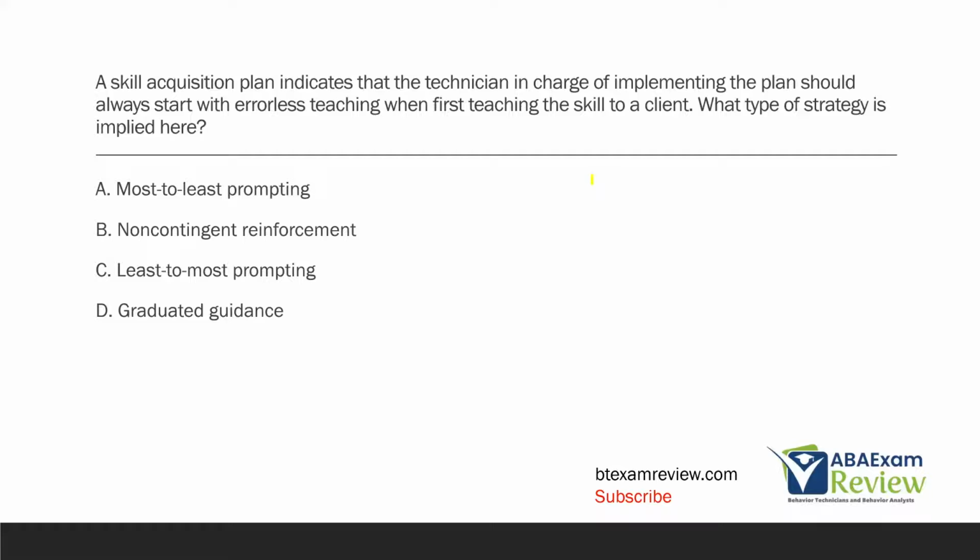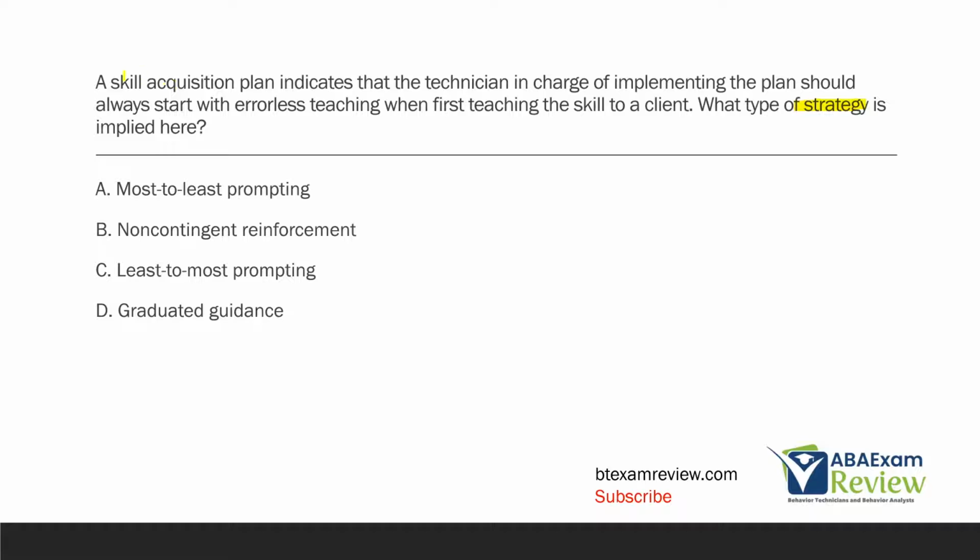A skill acquisition plan indicates that the technician in charge of implementing the plan should always start with errorless teaching when first teaching the skill to a client. What type of strategy is implied here? All right, so we're looking at the strategy that this question is implying in this typical plan.